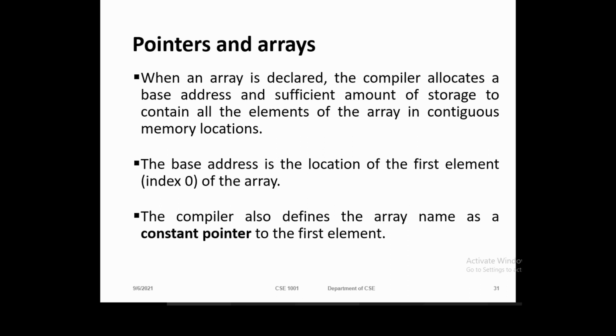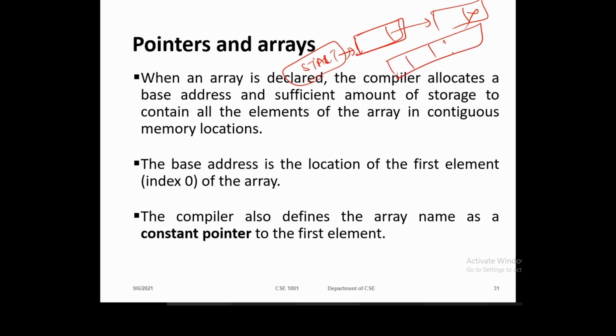The linked list is a link of nodes, and there is a pointer which always points to the first node of the list, that is known as start. But it is a constant pointer. It will always point to the first node of the list. Same like this, the name of the array is a constant pointer, and it will always point to the first element of the array.